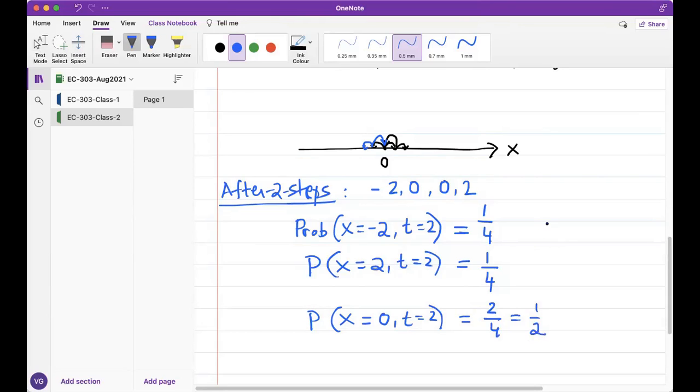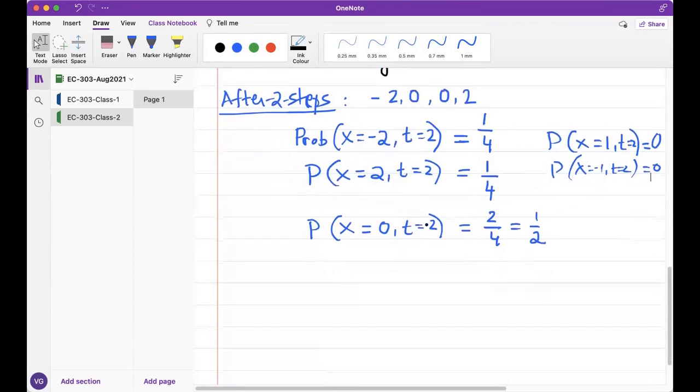What about the probability of reaching 1 after 2 time steps? That'll be 0, because you can't. Likewise, the probability of being at -1 is again 0. So after 2 time steps, this is a very simple example, assuming discrete time, discrete space, and so on. This is what happens.